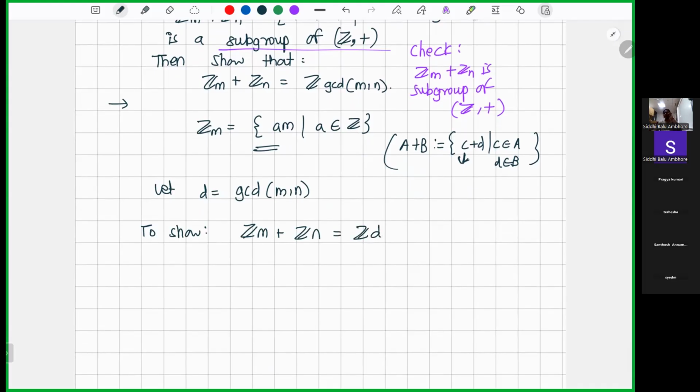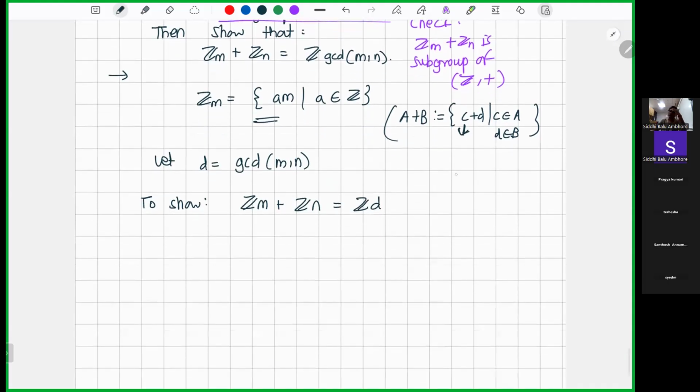Why I'm writing it like this and not the other way: these are different things.